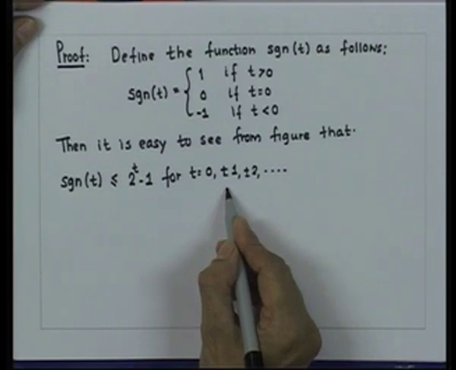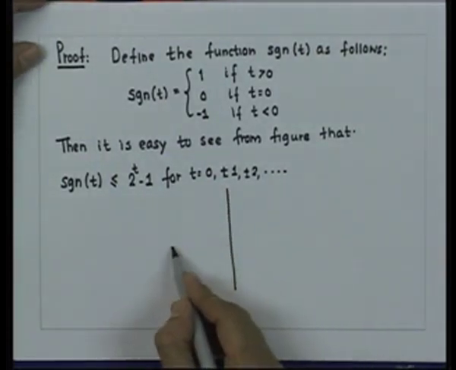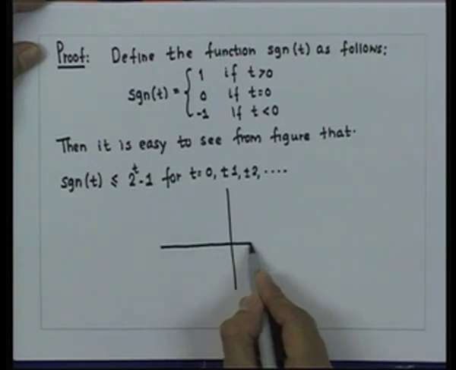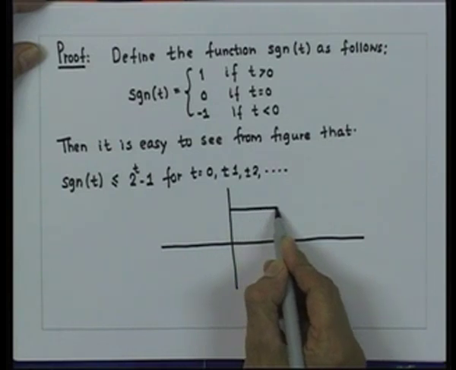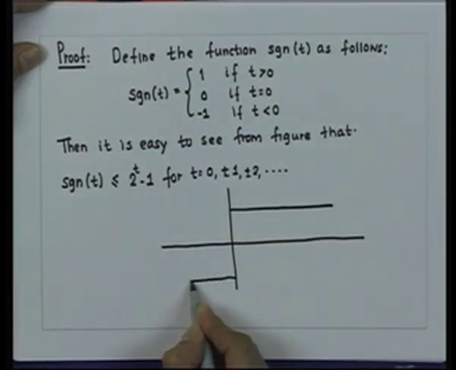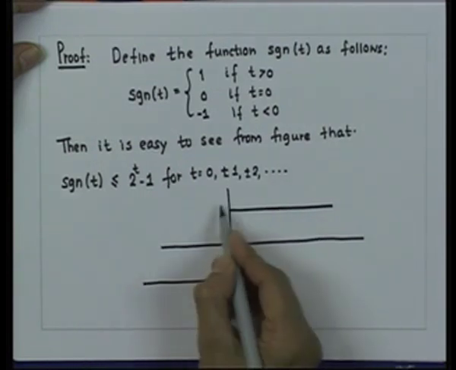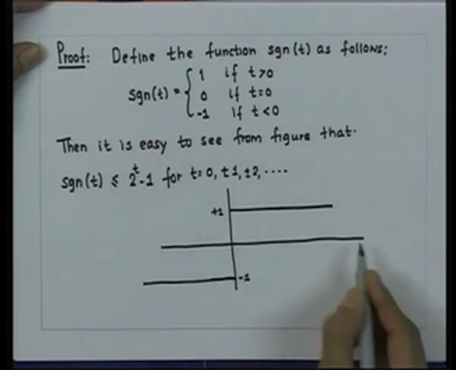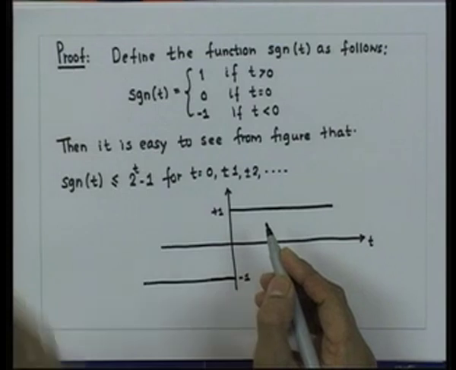So, if we draw the plots for these two functions, they will appear something like this. This is my t, and I plot my function.